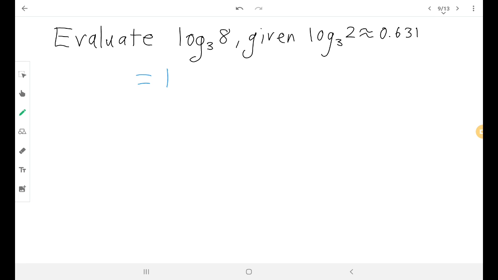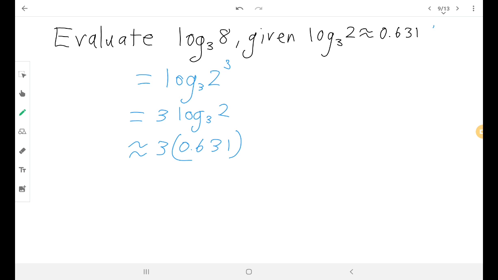So log base 3 of 8, as we noted, was log base 3 of 2 to the third, which was 3 times log base 3 of 2, which is approximately 3 times 0.631. I'm using that approximation right there.